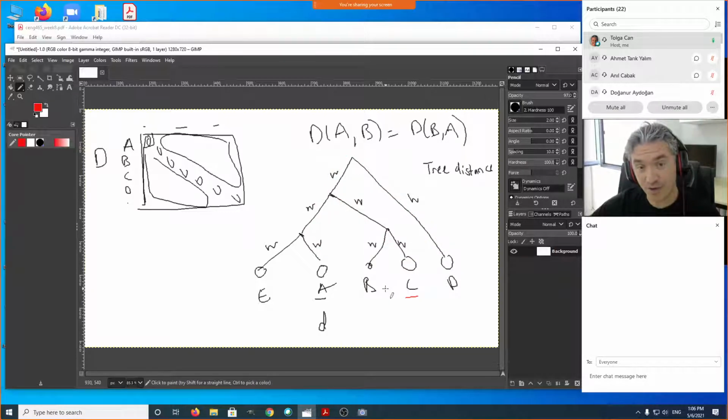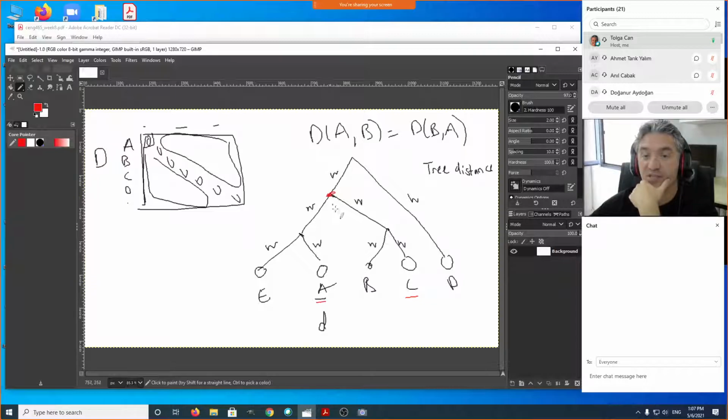So in a tree, there's a unique simple path between any two nodes in the tree, between the root node and the leaf nodes, or between any two nodes. Now, this node is called something special.